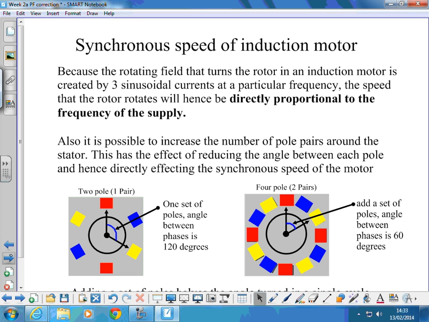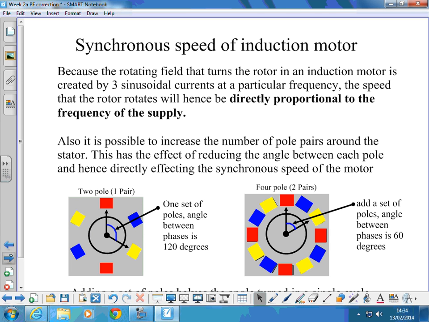So, synchronous speed of induction motors. Because the rotating field that turns the rotor in an induction motor is created by 3 sinusoidal currents at a particular frequency, it must be true that the speed of the motor is related to the frequency of that supply.